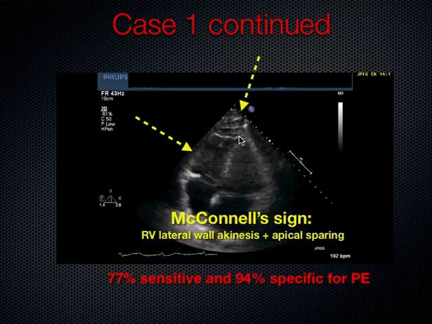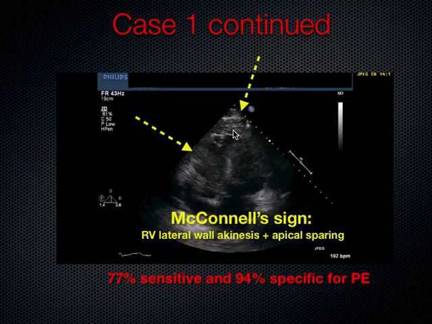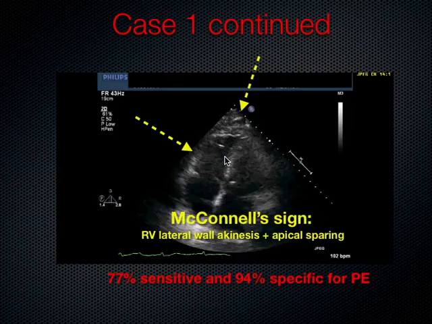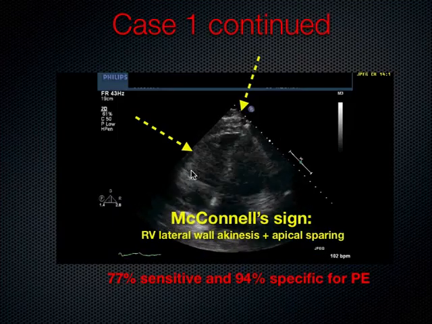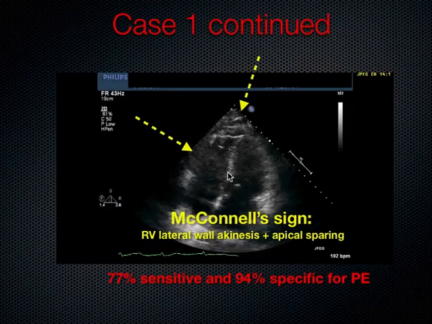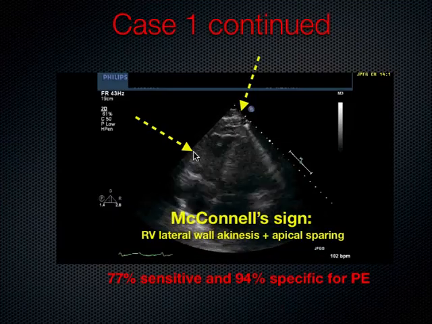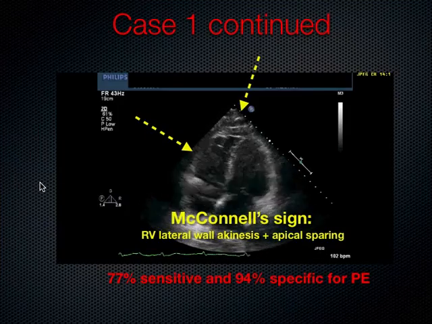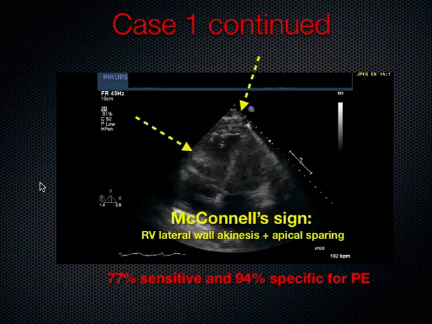If you look over here, at the apex of the RV, you can see how it's squeezing like that. It's not akinetic, it's actually quite kinetic. But if you look laterally here, the RV is not making any real kinesis, no squeeze here. It's akinetic. Interestingly, this can be found in the setting of PE.